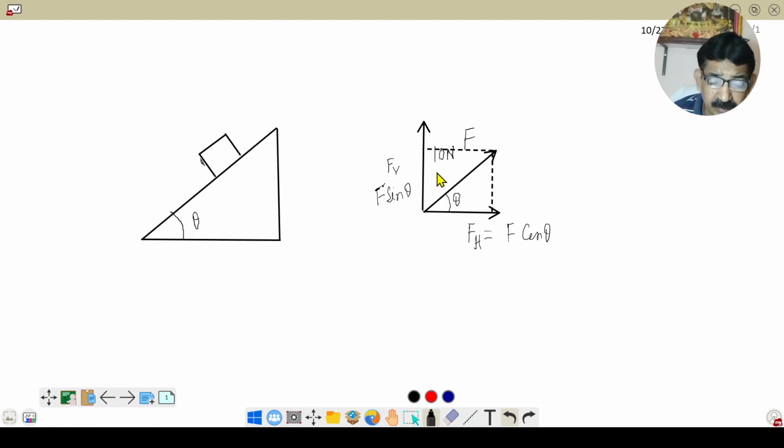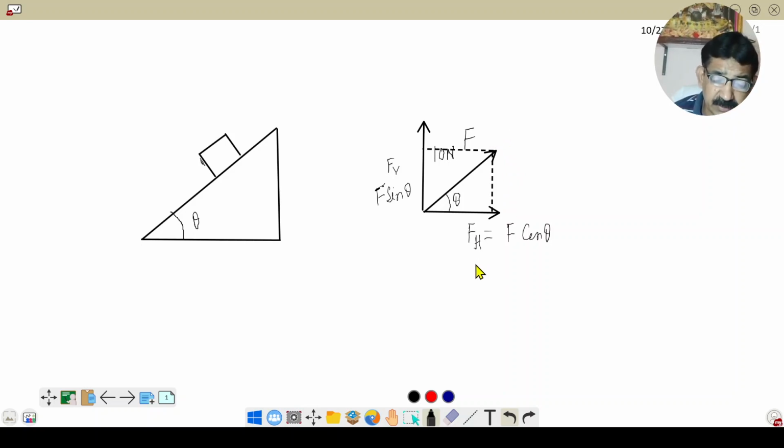The component along the horizontal direction is F cos theta if this angle is theta, and the component along the vertical direction will be F sin theta if this angle is theta, not this angle. So this is the basic principle related to resolution of force along two perpendicular directions.